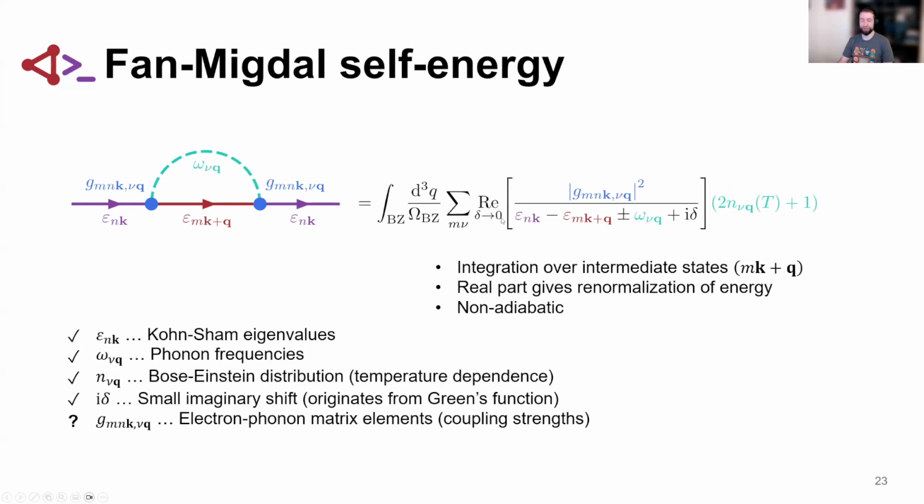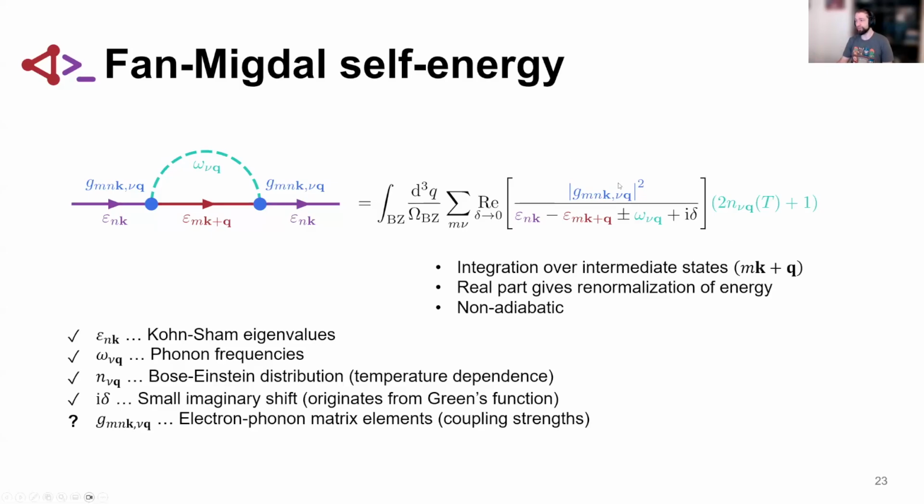These are, of course, all quantities that we know how to compute, and VASP already does this routinely. And then there's also here a term that corresponds to the phonon occupations, which is really just a Bose-Einstein distribution. So this is a temperature-dependent term that just gives you the phonon occupation as you increase the temperature.